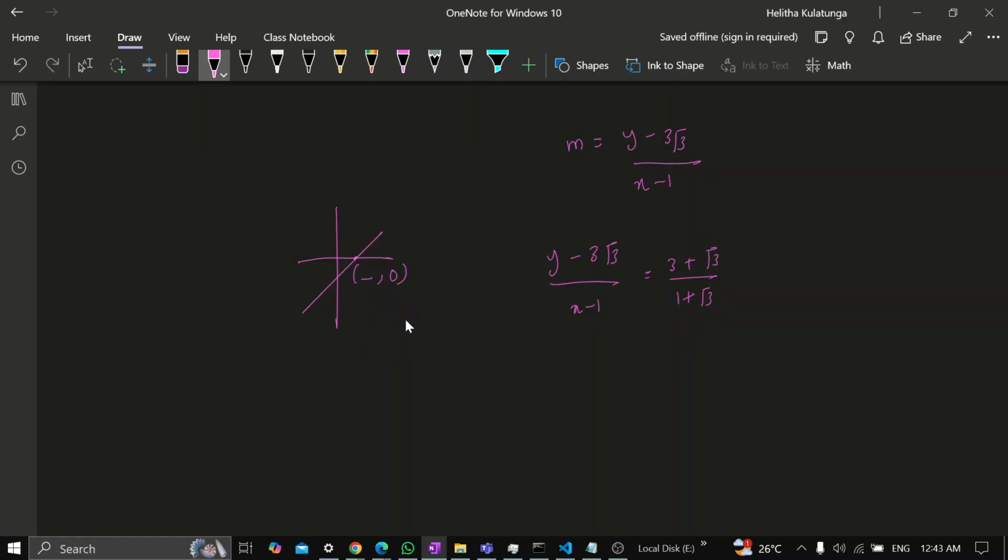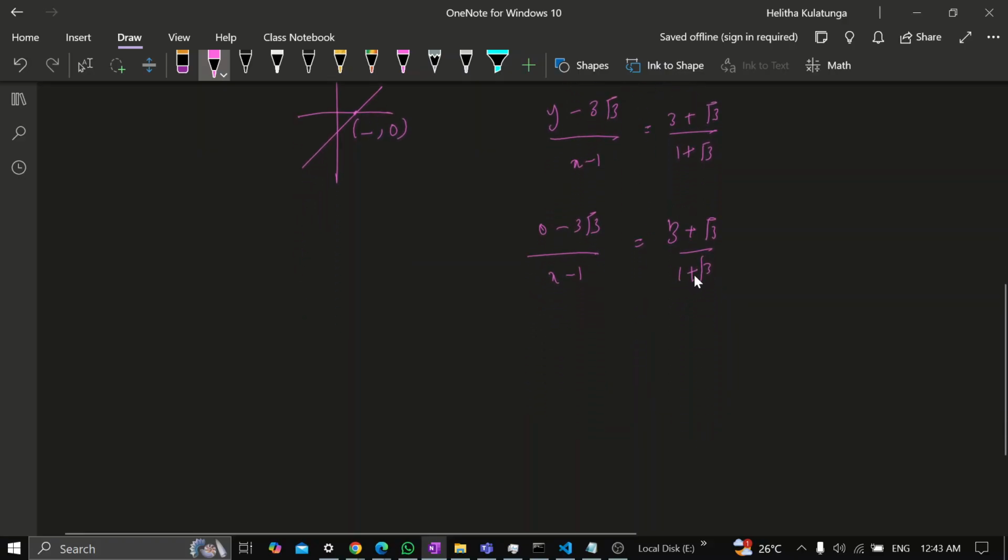So let me plug in 0 instead of y. We'll have (−3√3) over (x − 1) equals (3 + √3) over (1 + √3). Then we just have to solve this for x.